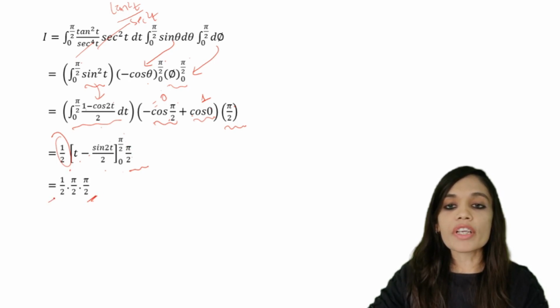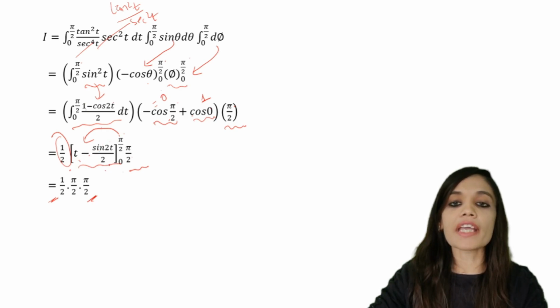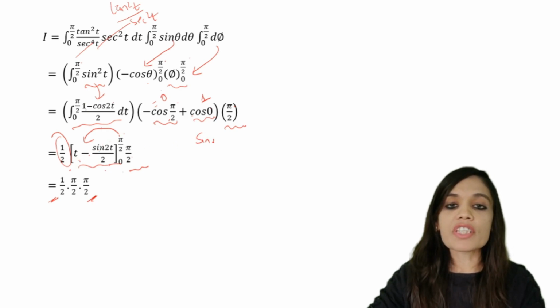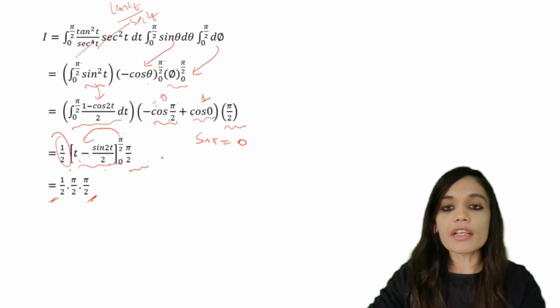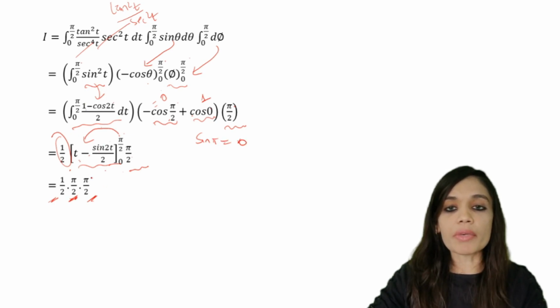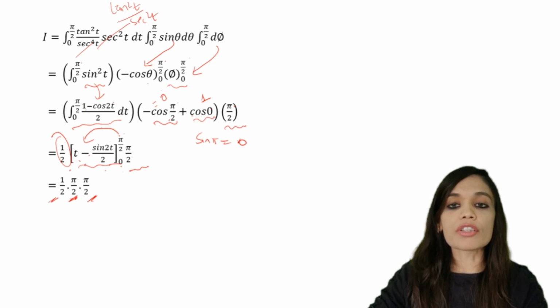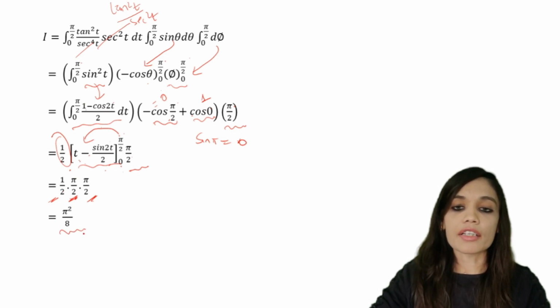This pi by 2 will remain as it is. Put the limits over here. If you put pi by 2, you will get pi by 2 minus sin pi upon 2. But the value of sin pi is 0, so only pi by 2 will remain. If you put 0, then the whole term will go to 0. Now simplify this. So you will get your answer as pi square by 8.